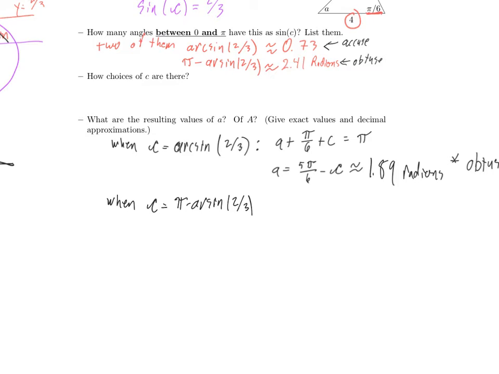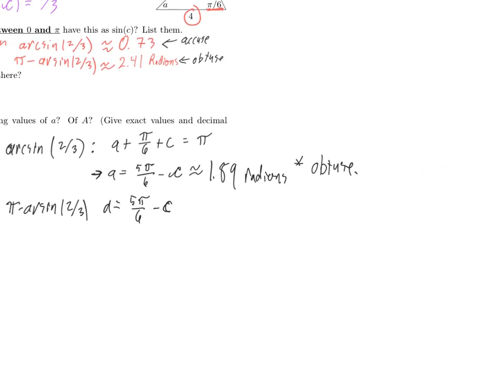Well, we'll wind up with the same sort of equation, A equals 5 pi over 6 minus C. Oh, there was a mistake here. Is approximately 1.89 radians.